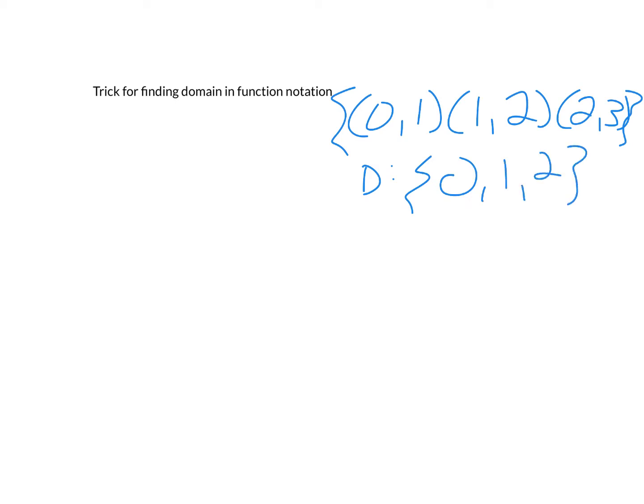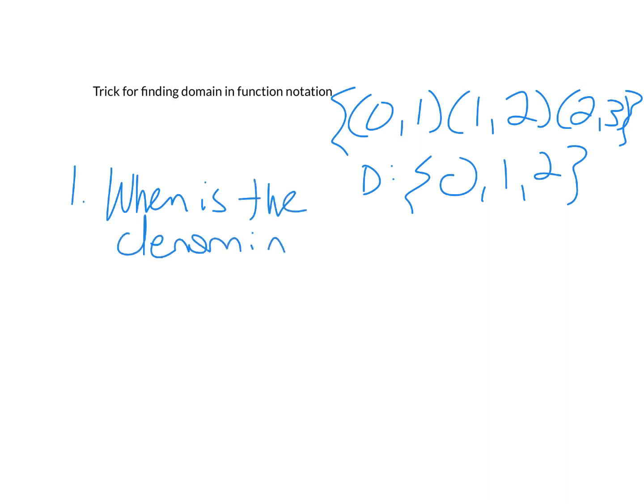But for all the others, when it's in function notation, you need to look for two things. One, when is the denominator equal to 0? So values that make the denominator equal to 0 are not part of your domain. Okay?